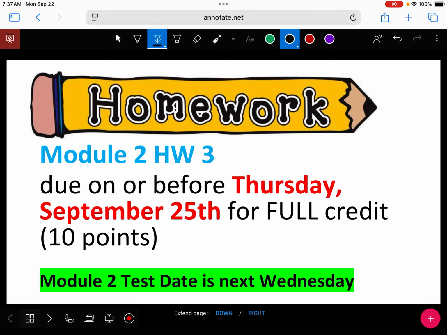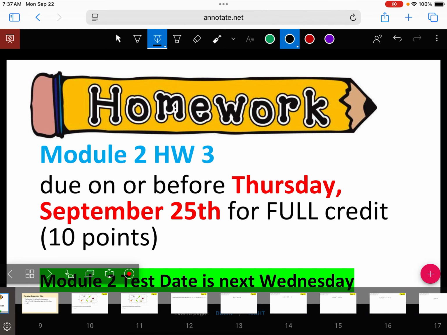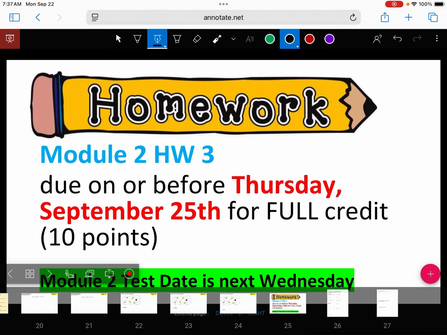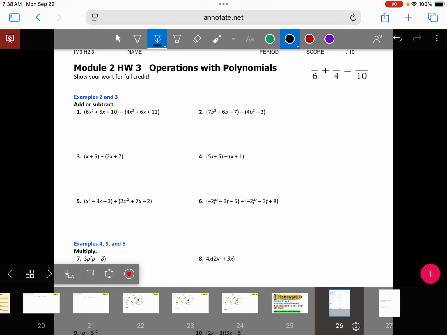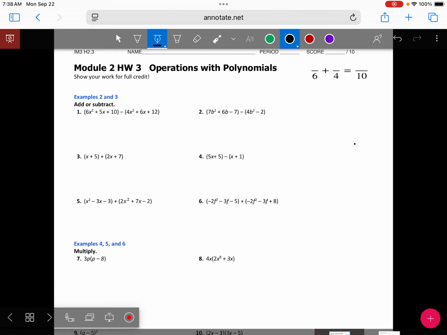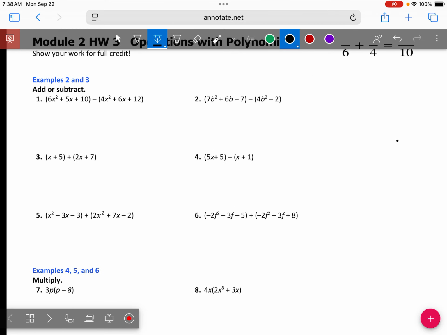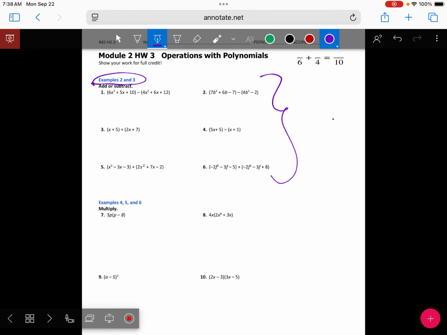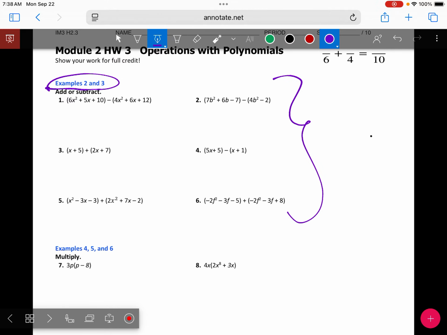All right, so let's go ahead and look at it together, see what it's looking like. So you should be able to do everything in this section. So for today, I just want you to focus on these 6 questions. That's it. So just work on those, adding and subtracting.